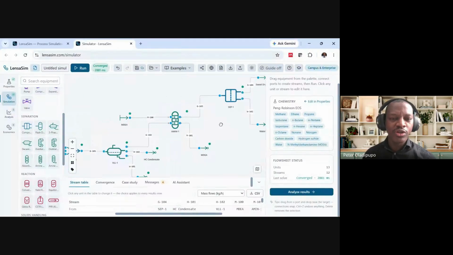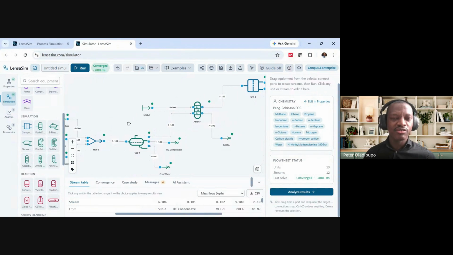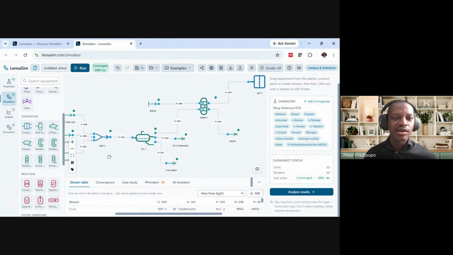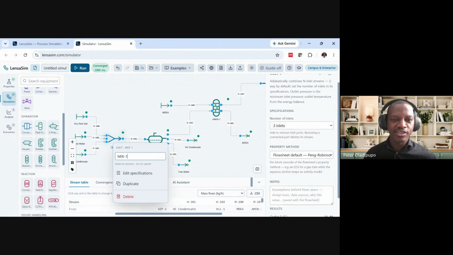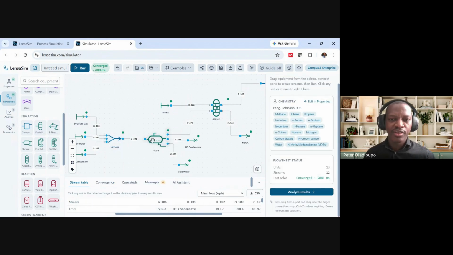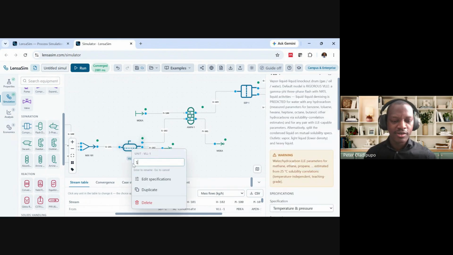And one other thing, let me show you before we conclude. Using the typical naming convention, we can name all of these units. This is a mixer, call it MIX-101. All that we have done here is actually separations, so this is a separation. Let's call it SEP-101.